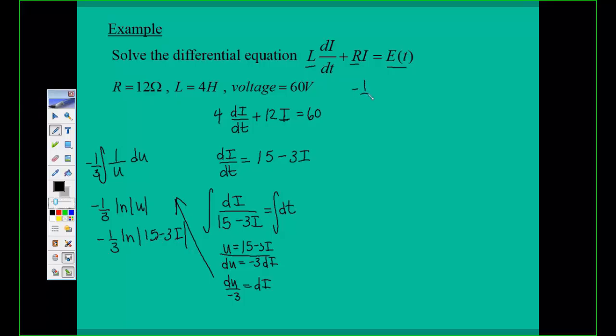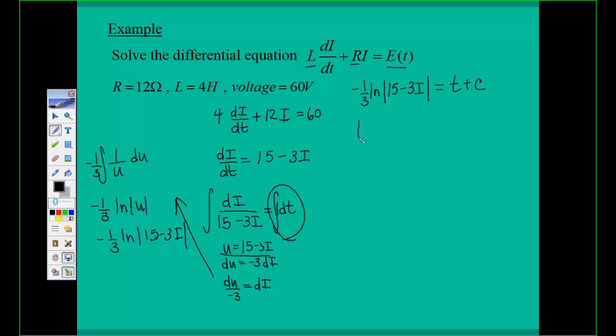So we have our negative 1/3 times the natural log of the absolute value of 15 minus 3i. And now we're going to be looking at this side of the equation. We would just get t plus c. This is the antiderivative of 1 dt. So the antiderivative would be t plus c.